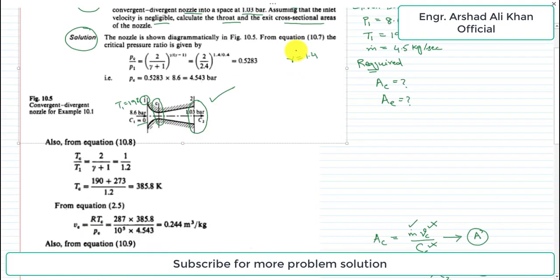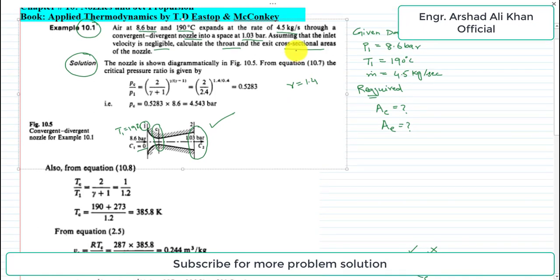Because air expands in this nozzle, gamma value is 1.4. Now if we put the value of gamma in this expression, we get PC by P1 is equal to 0.5283. So this is the critical pressure ratio PC by P1, and it is 0.5283.